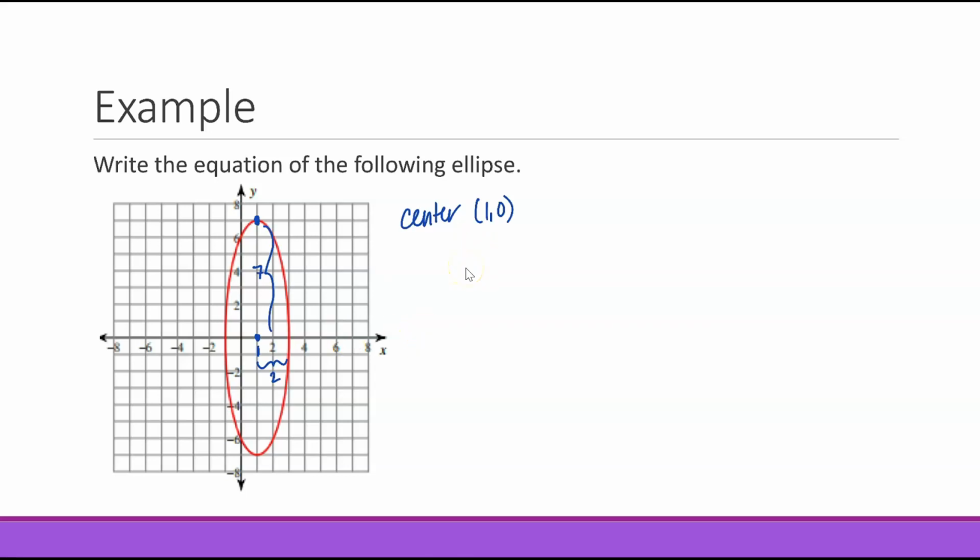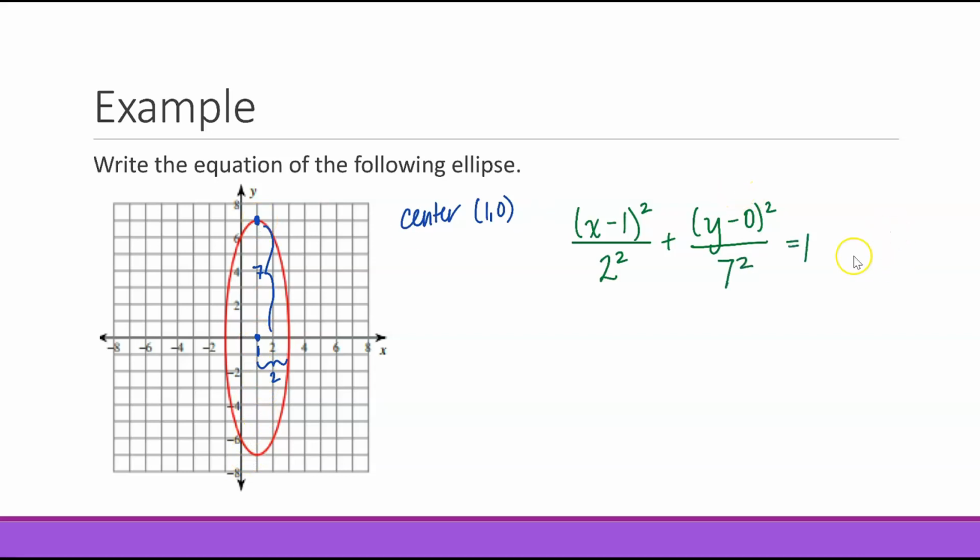All right, so let's go ahead and write the general equation and fill in our parts here. So it's going to be x minus h, so the h value of the center is 1, x minus 1 squared over, in general, the number that I go to the right and left from the center, and that's 2, so over 2 squared, plus y minus k squared, well k was 0, over the amount I go up and down to reach the vertices in this case, which is 7 squared, is equal to 1.